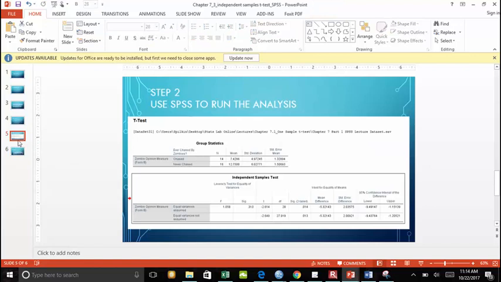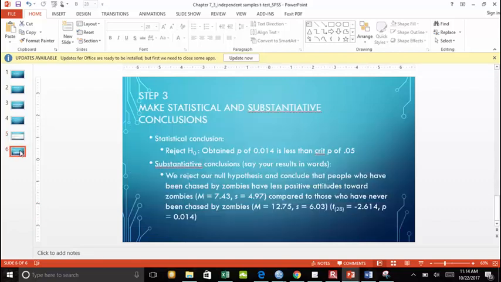Again, if I had told you to test this at the 0.01 level, alpha is 0.01, well now this 0.014 is greater than 0.01, and so you would actually accept the null because our obtained p of 0.014 is greater than the critical p of 0.01, and in that case we would say that there's no difference in attitudes between people who have been chased by zombies or not chased by zombies.